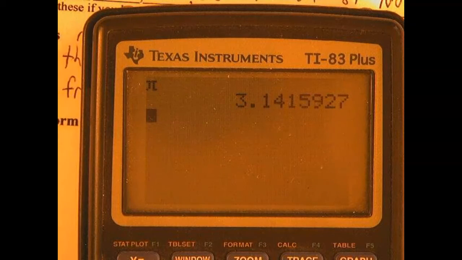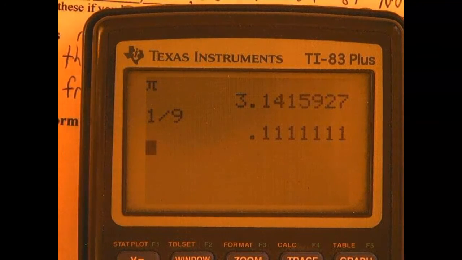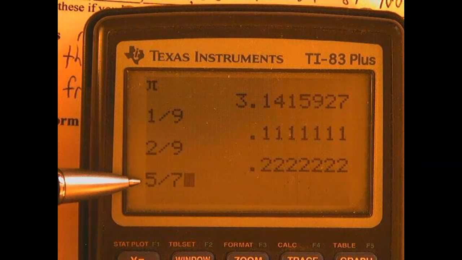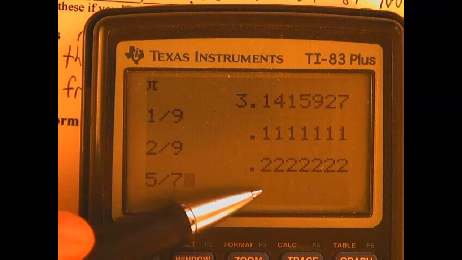Now if I hit a fraction, like 1 divided by 9, watch what happens. See how there's a repeating pattern? Some numbers have harder-to-read repeating patterns. Let's see what happens if I hit 2 over 9. That's still really easy. What if we hit 5 over 7? That's a ratio, a fraction, so whatever we get over here, it's still rational.